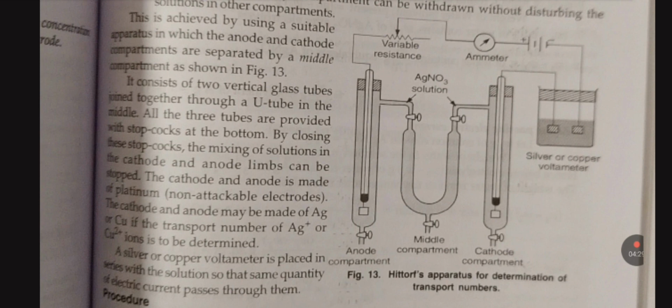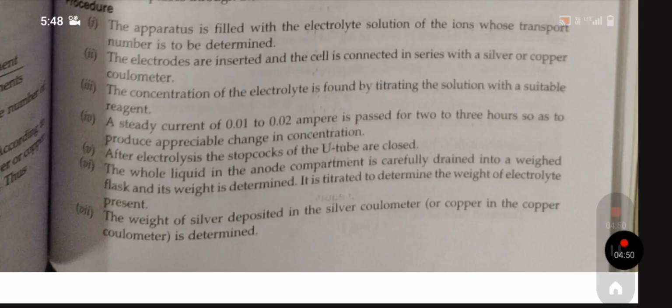The cathode and anode may be made of Ag or Cu if the transport number of Ag plus or Cu2 plus ions is to be determined. A silver or copper voltameter is placed in series with the solution so that the same quantity of electrical current passes through. The apparatus is filled with the electrolyte solution of the ions whose transport number is to be determined.